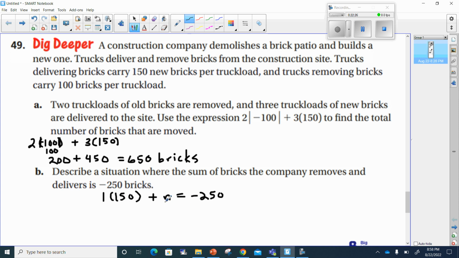All right. When I do this, I know this is going to be 1 times 150, plus n equals negative 250. I remember that I got to get n by itself, so I'm going to subtract 150 from over here. N means I need 400, right? 250 plus 150 is 400.